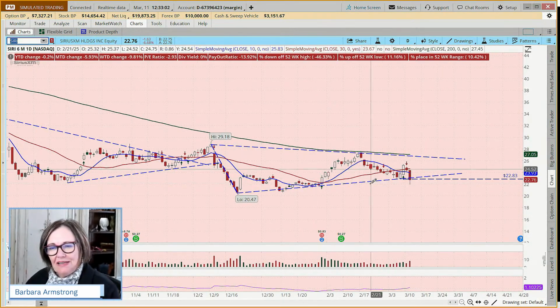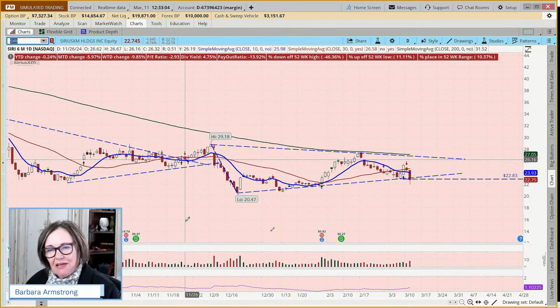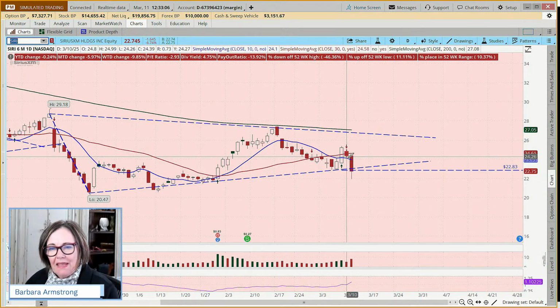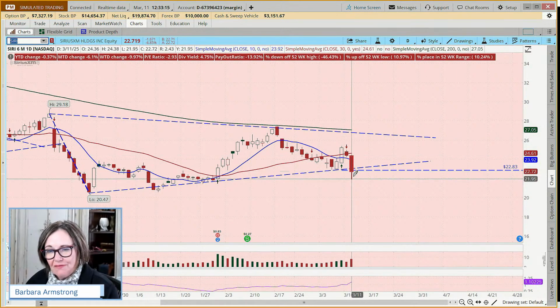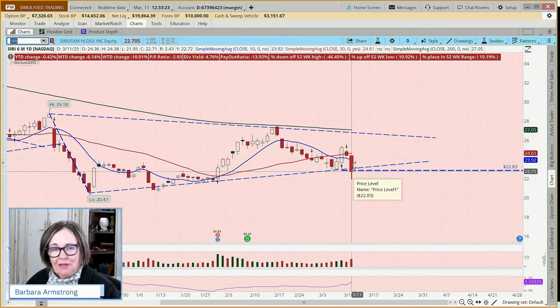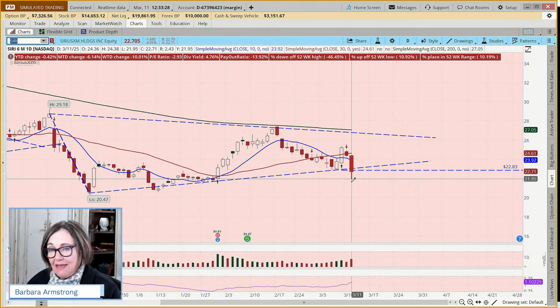So Siri, and this is interesting because when I first looked at this, it was way below this line, because we can see here that during the course of the day, it has come all the way down to this 21.95 level. One might look at this and say, could this be a breakout or might it be a fake out? Some might want to wait for another day.